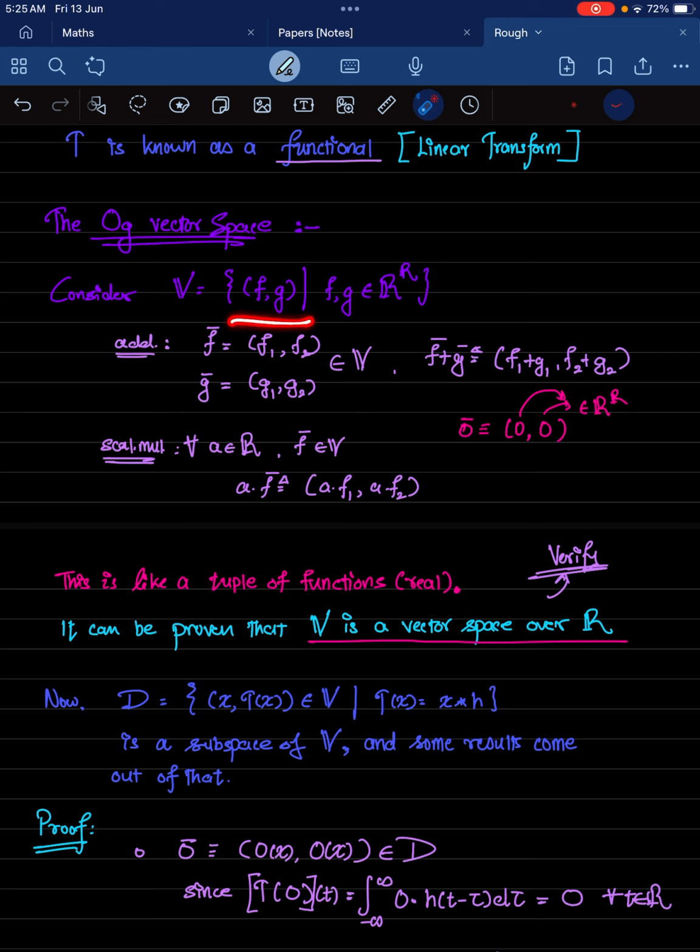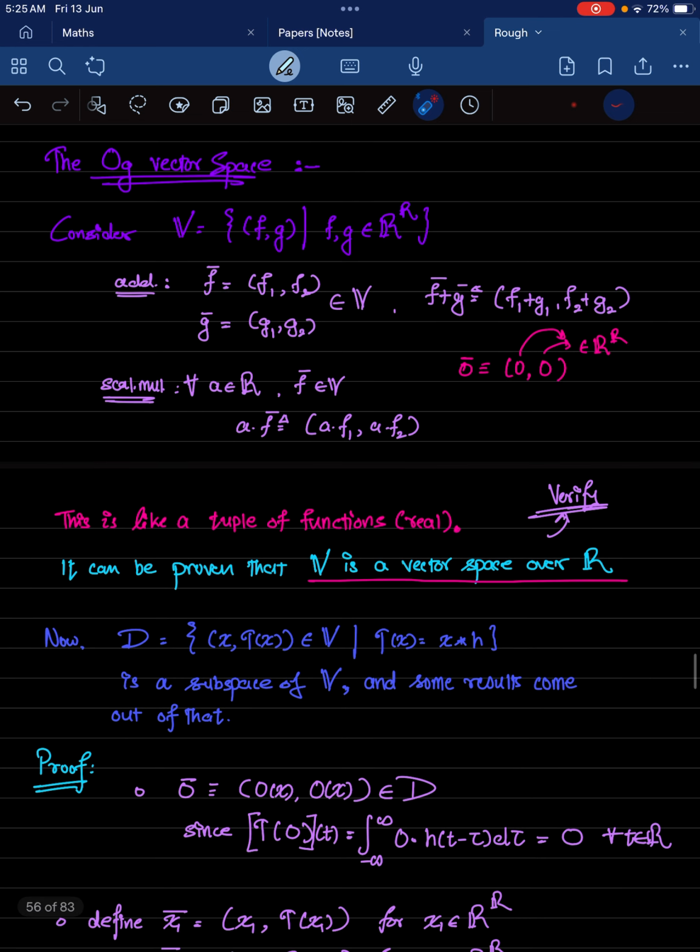Now this is just an array of functions. It's not exactly that difficult to show that this is actually a vector space, and it's actually pretty intuitive if you think about it, right? But this, on the other hand, is a bit non-intuitive. It's not obvious at first glance. So what I'm going to do is prove that this set D is a subspace of this set V. Alright? Okay.